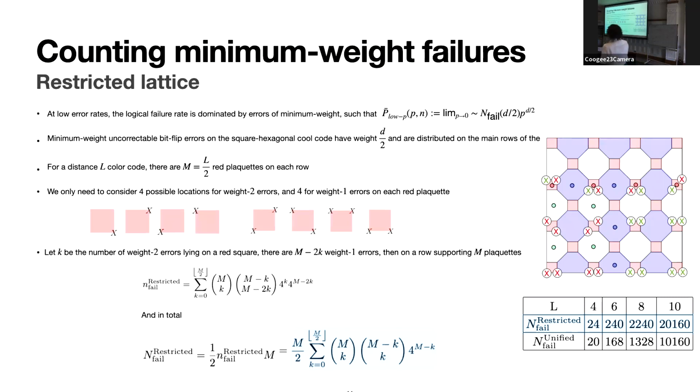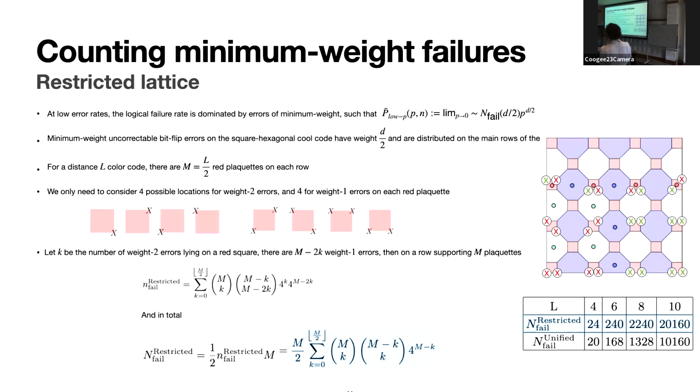First we count for each row. We know that for each square, there are 4 possibilities for pairs of bit flip locations, and 4 possibilities for single qubit locations.